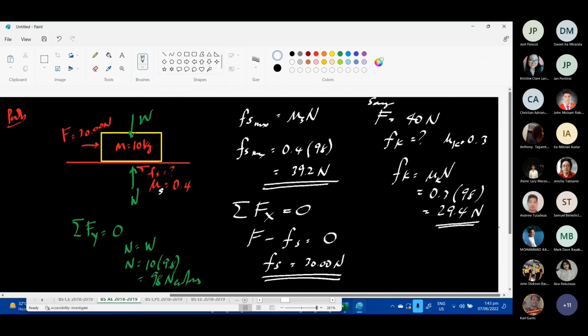The applied force F is higher than the kinetic frictional force. So what will happen? The block will move. Yes, it will move, that is why it is kinetic. Aside from that, what else? It will slide. Yes, it will really slide. What else? Your applied force of 40 newtons is greater than the kinetic friction, so we know it will move. Aside from that, what else can you say about the motion of the block?